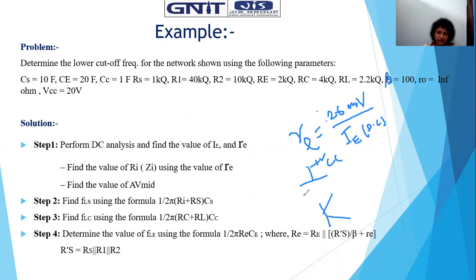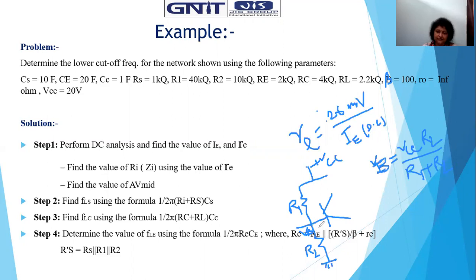That network involves the voltage divider biasing circuit. That one is R1 and this one is R2, that is grounded. So what is the voltage here, with respect to VCC? The voltage VB is basically VCC into R2 divided by R1 plus R2.